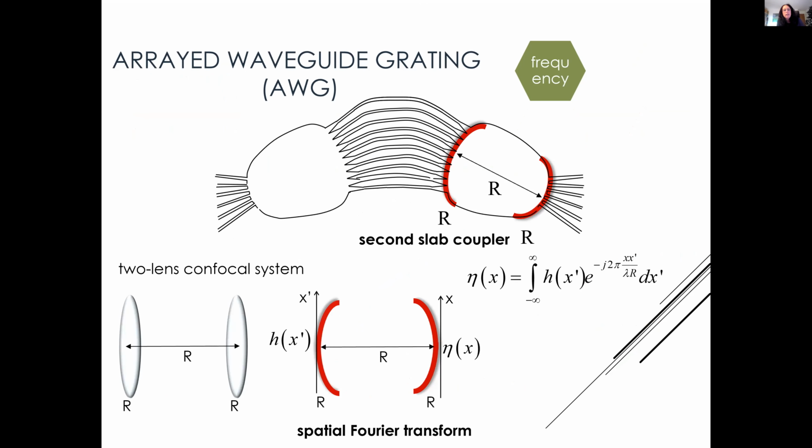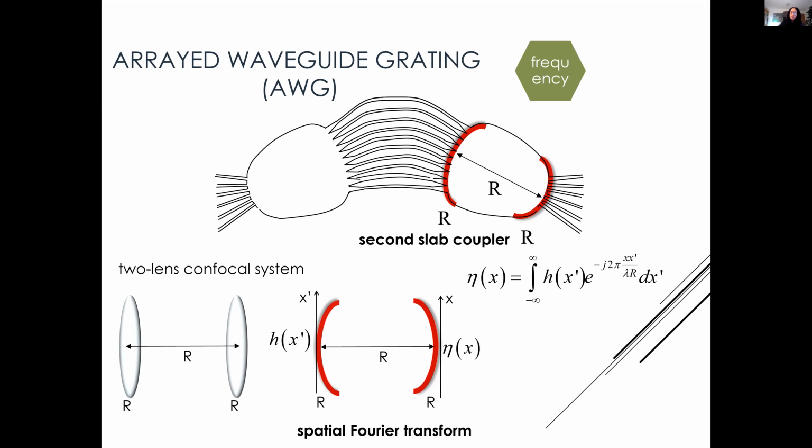So how does this device work? Basically, this device can separate the different wavelengths using this slab coupler that works as a two-lens system. I think that most students that have attended a course of optics or photonics know that a lens performs the Fourier transform. So the second coupler of this device performs the Fourier transform.